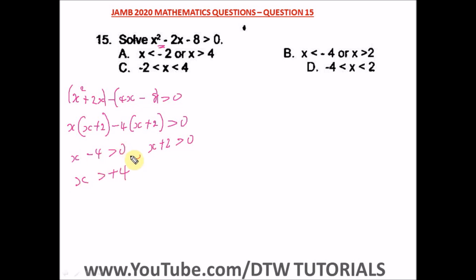As minus 4 comes here, it becomes plus 4, comma x. Now if this is plus 2, once it comes over here, it becomes negative 2. And when there's a negative introduced in the question, the sign has to change. This has to change to as negative 2.